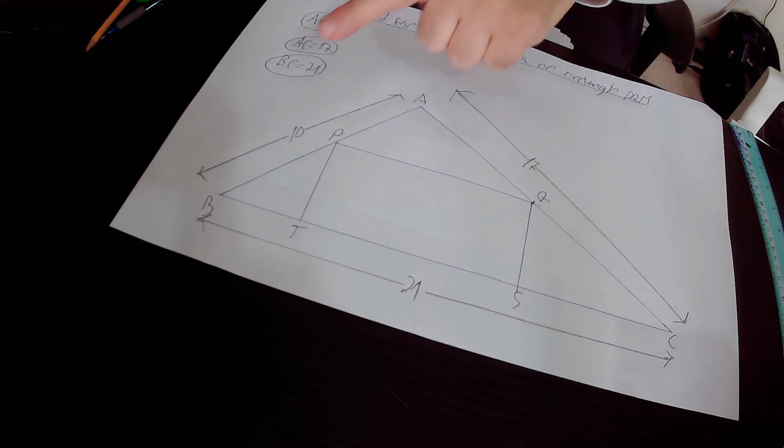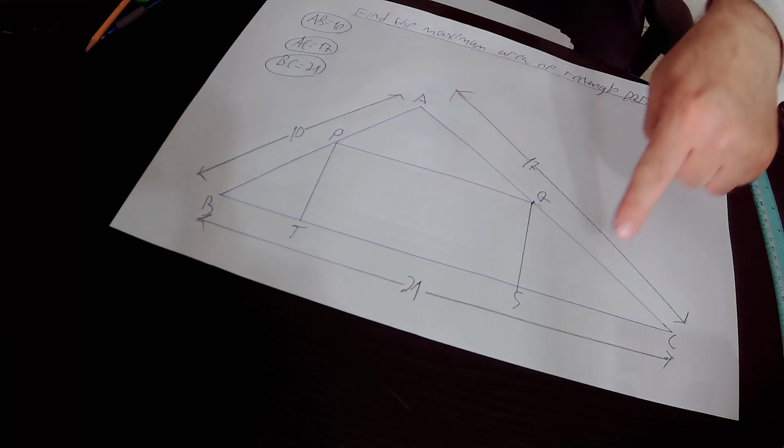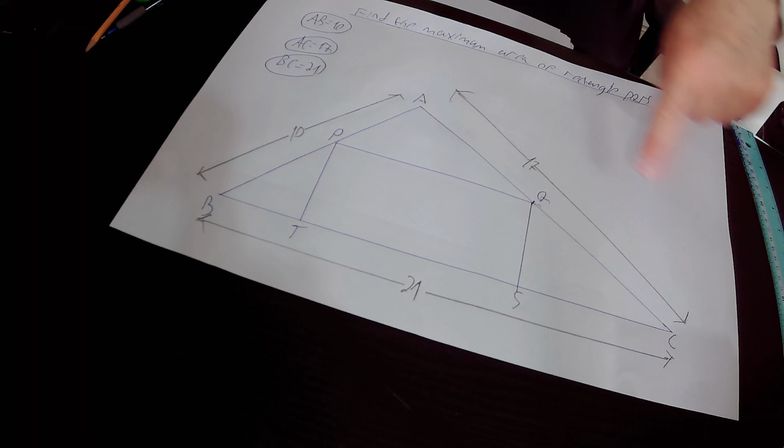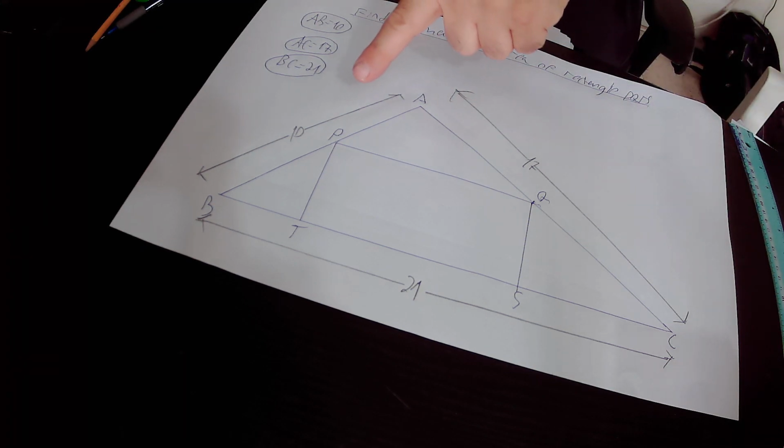Inside this triangle ABC we have this rectangle PQST, and our mission is to find out the maximum area of this rectangle PQST. So the first step, we do construction, that is to say from point A we do perpendicular on PQ.